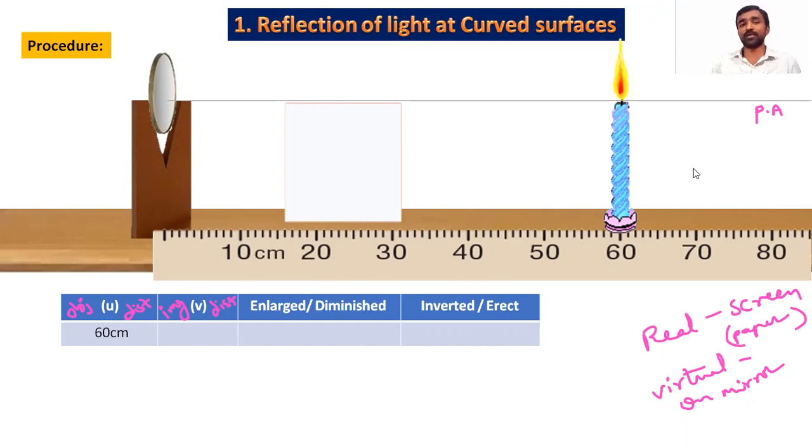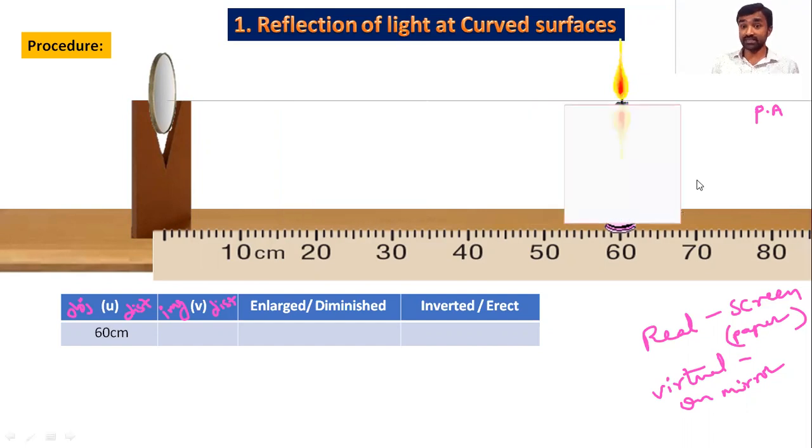It is below the principal axis. Then what to do? You have to start with the paper near the mirror surface, then move away from the mirror as you see here. Somewhere you may get the flame of the object on the screen. So you can see that image on the screen.